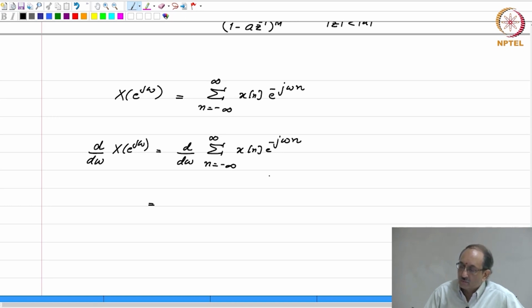Earlier we did this. If the ROC contains the unit circle, then it is absolutely convergent there, and then you can.